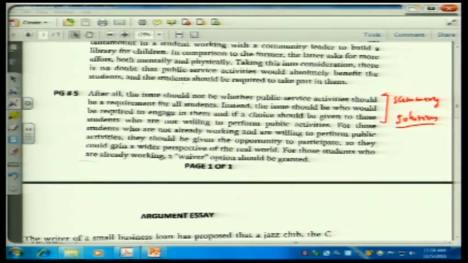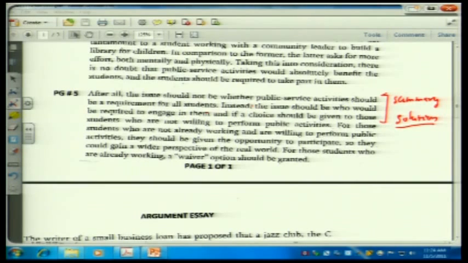In this case, the way that I end it with a strong note is to say that instead, the issue should be who would be required to engage in public activities rather than required of all students, and if a choice should be given to those students who are not willing to perform the service. So this is just another way to look at the issue.